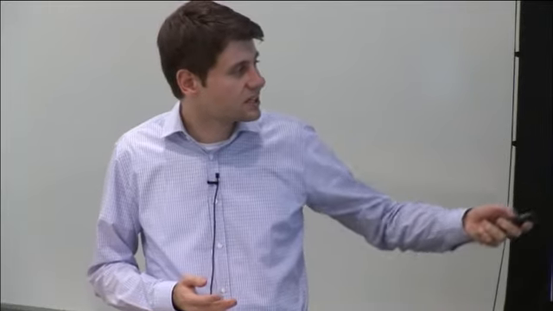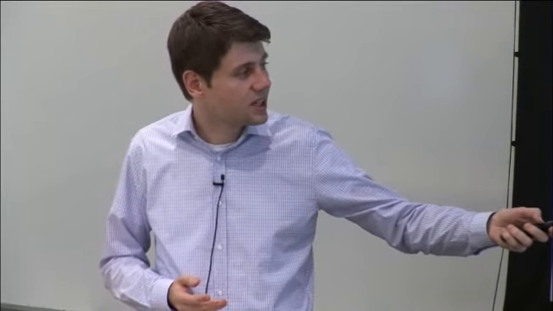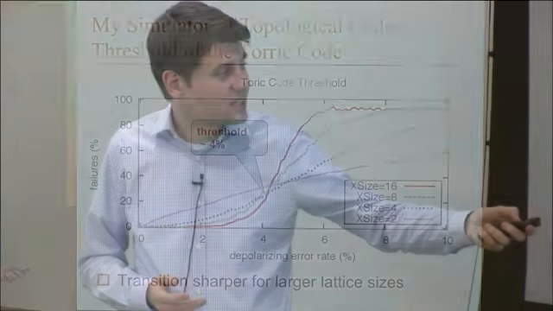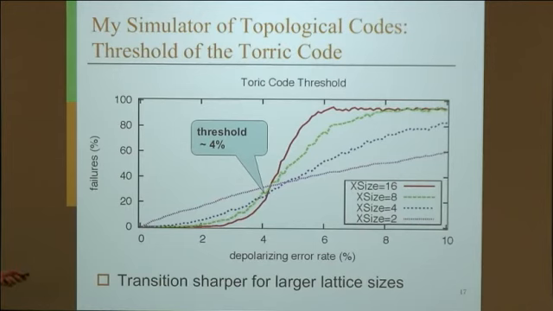And we can see that we need to choose a code of sufficient distance if we want certain performance. Let's say we want at least 5% probability of succeeding and our physical error rate is 3%, well then we need to choose a code distance of at least 8 to guarantee this performance.